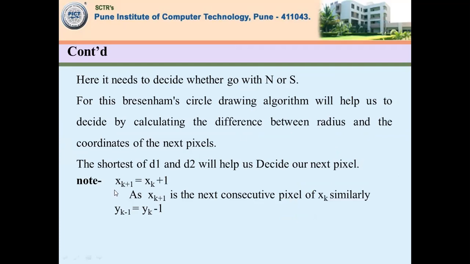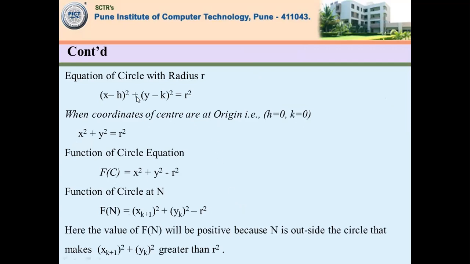So here, can I say xk plus 1 is xk plus 1? Yes, definitely. So next, that will be the next consecutive pixel. yk minus 1 is represented over here as yk minus 1. So equation of circle, all of you are aware of it. h and k are the center of the circle.